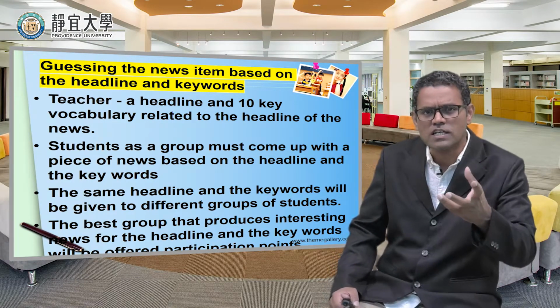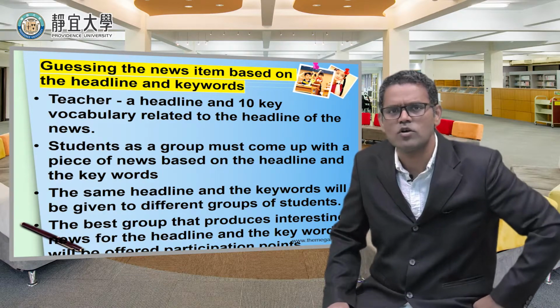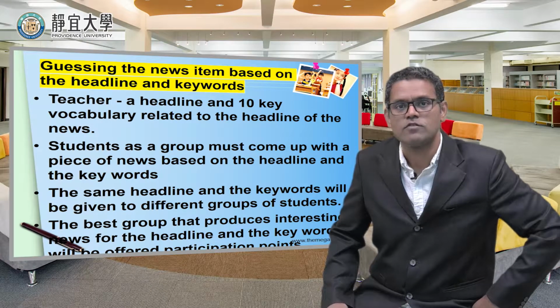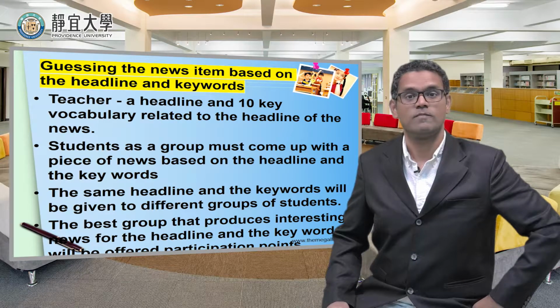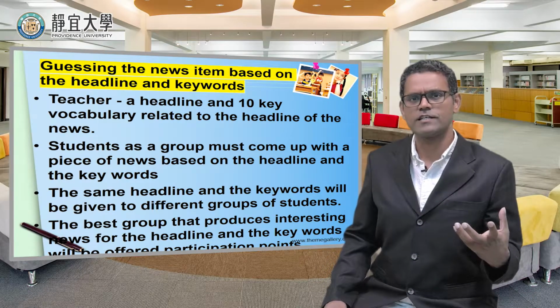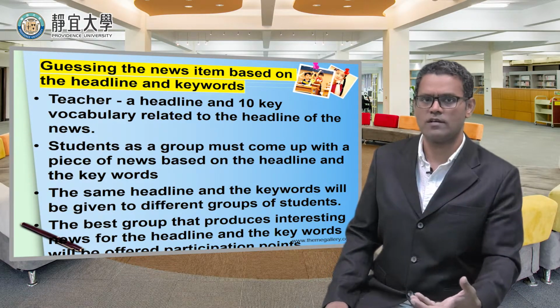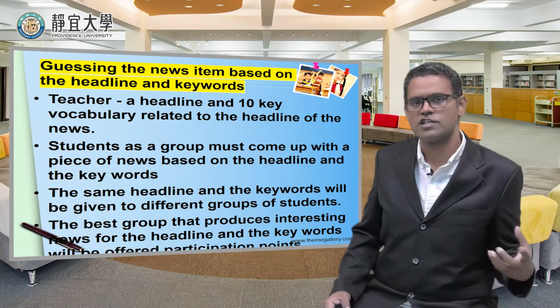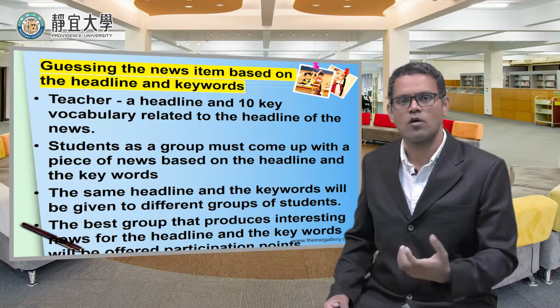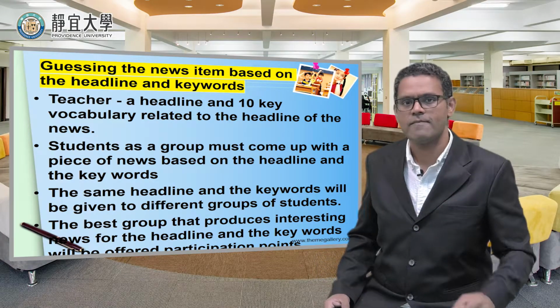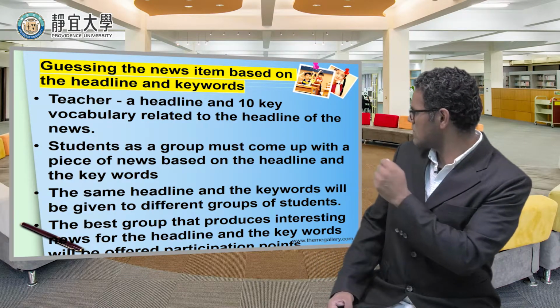Sometimes they should predict what I'm going to say next or what I'm going to do next. So prediction is an important skill. After you predict, you read the real story, and then you try to compare your prediction with the real story. Okay, so here we go, and it's all written here.